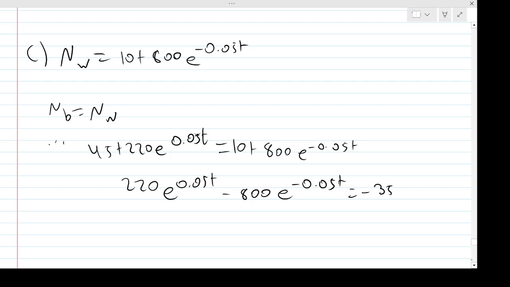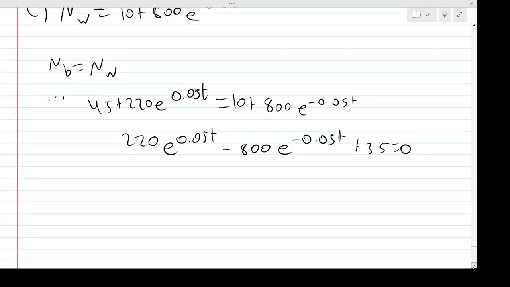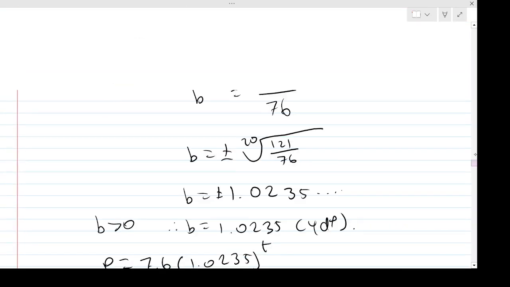Now actually what I'm going to do then is add 35 to both sides, equal to 0. Now hopefully, it looks awful, but hopefully this sort of equation is quite familiar. We did an equation like this earlier in the video. If I cast your mind back to when we looked at, where was it?